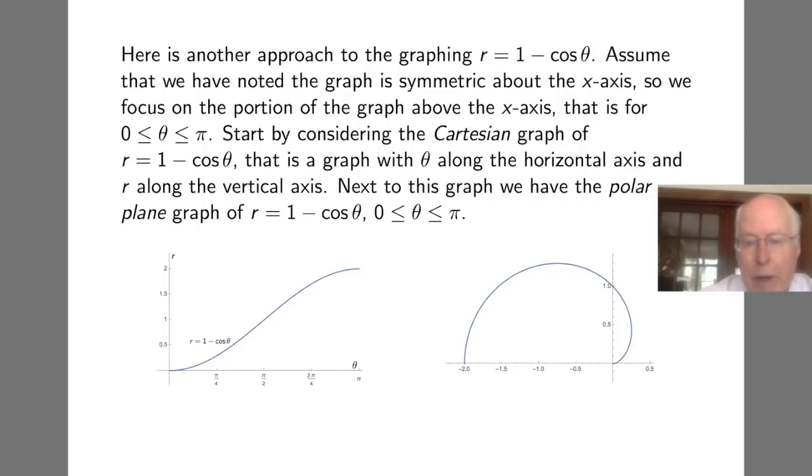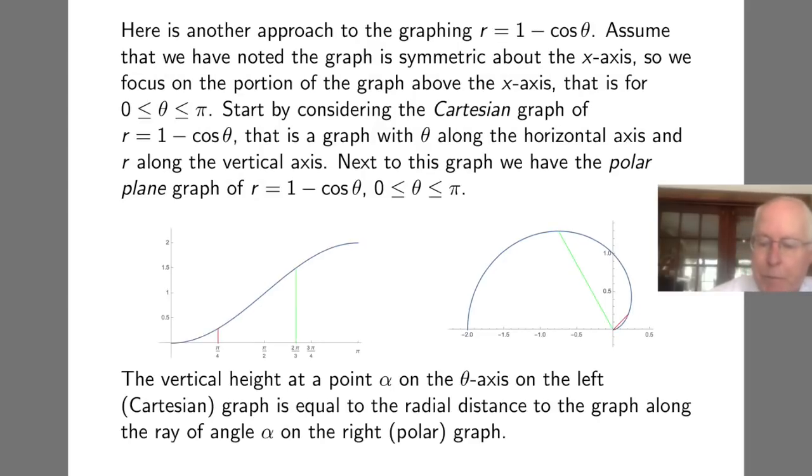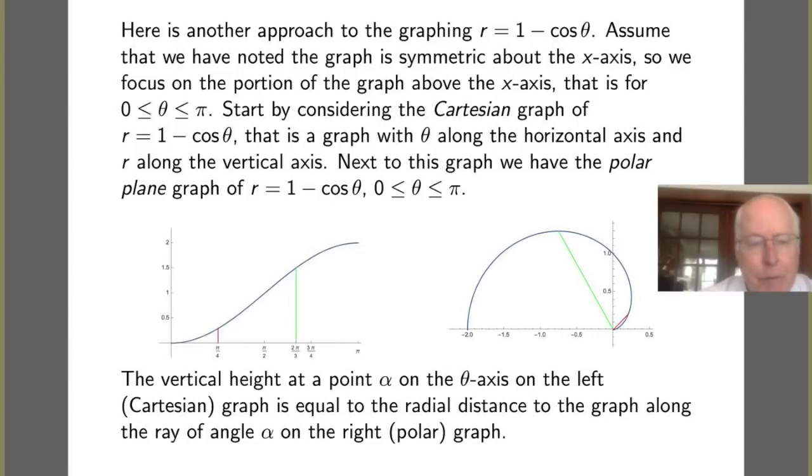So here is the graph of the upper half of the cardioid, r equals 1 minus cosine theta for theta from 0 to pi. We've put in a couple colored lines here. The idea is that the vertical height on the left graph, the Cartesian graph, corresponds to distance from the origin on the right graph, or the polar graph. For example, let's take a look at this point with theta equals pi over 4.